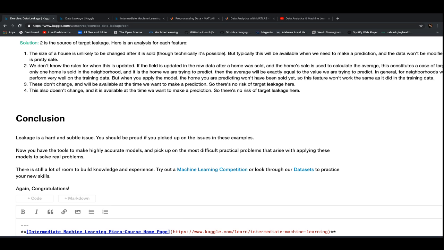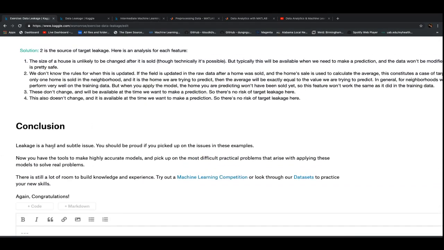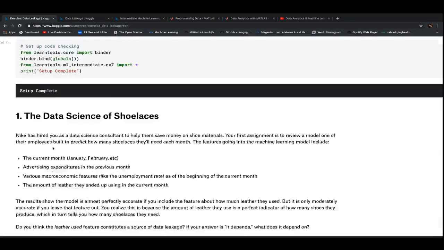But sometimes you have to be very careful in finding out when was the point that they updated the data set? All right. Well, so that was data leakage.